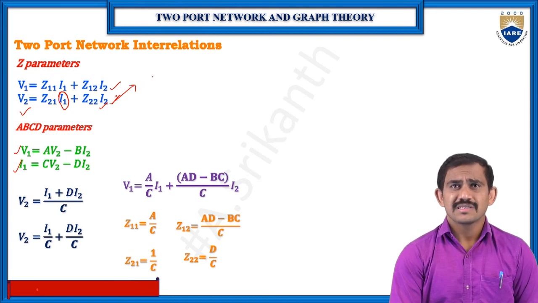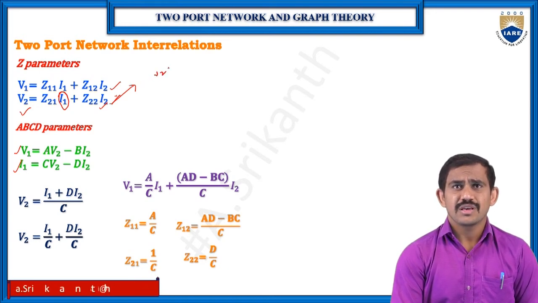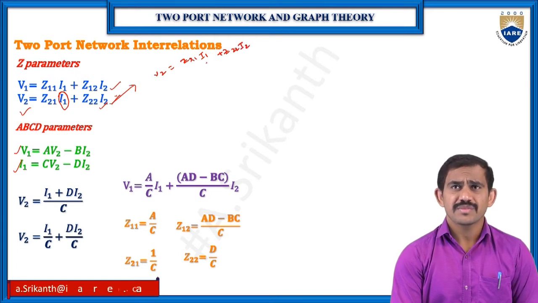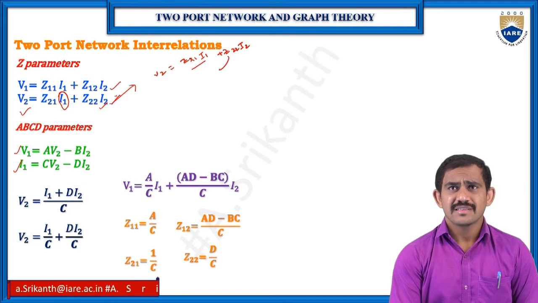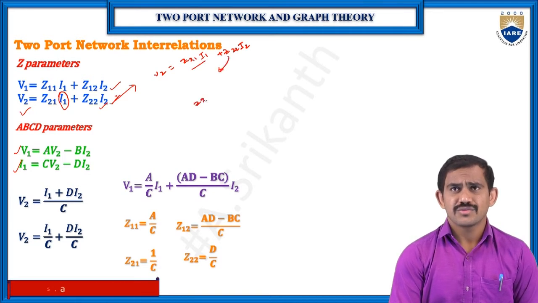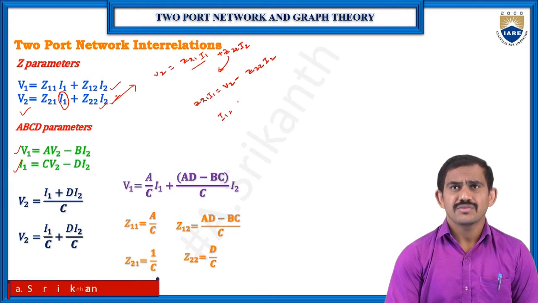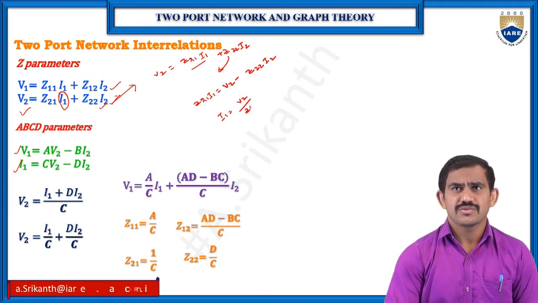So from this equation, V2 equal to Z21 I1 plus Z22 I2. So this is my equation. From this equation, I want the I1 value. Then we have Z21 I1 is equal to V2 minus Z22 I2. Now your I1 is equal to V2 by Z21 minus Z22 by Z21 I2.